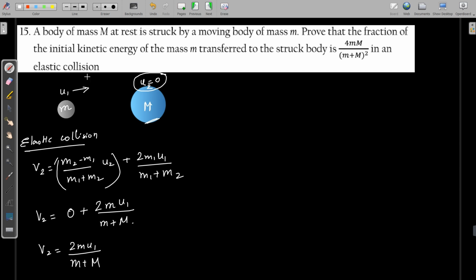Okay. Now, what is the initial kinetic energy of the body? Only this one was moving, right? So half m u1 square. And therefore what is the kinetic energy gained by mass capital M?